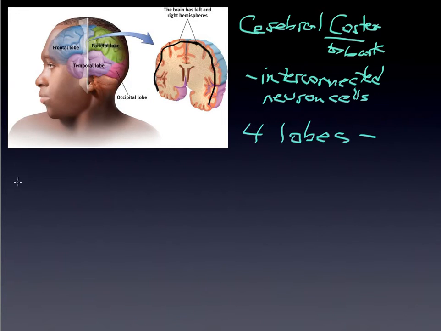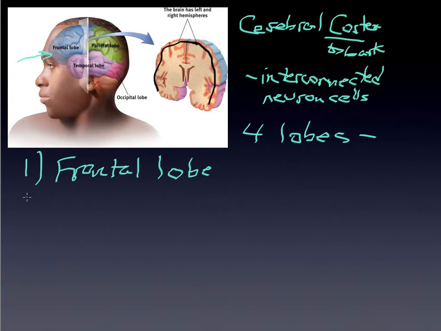The first one, number 1, is the frontal lobe. We'll talk about its function in a minute, but the frontal lobe, as the name would suggest, is the area in the front. I know it's a confusing name, of course. The frontal lobe is right behind the forehead.